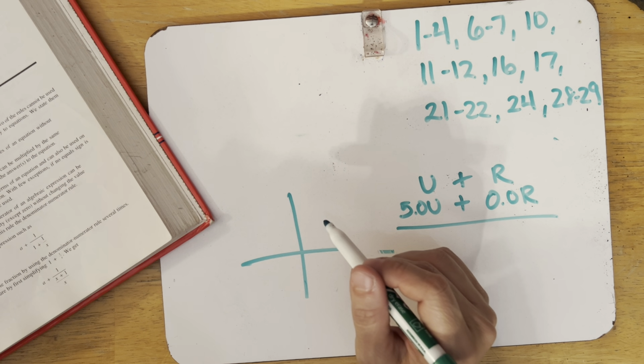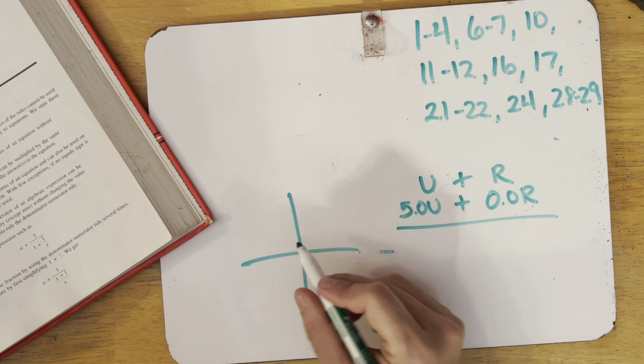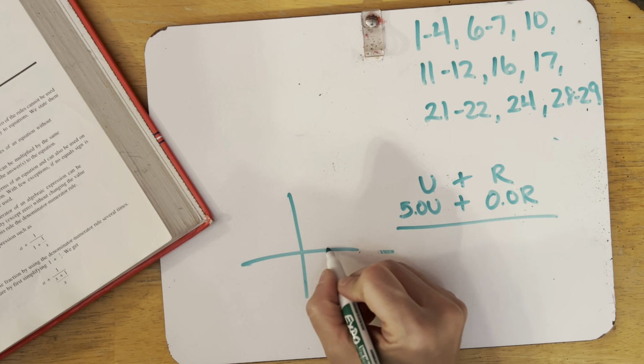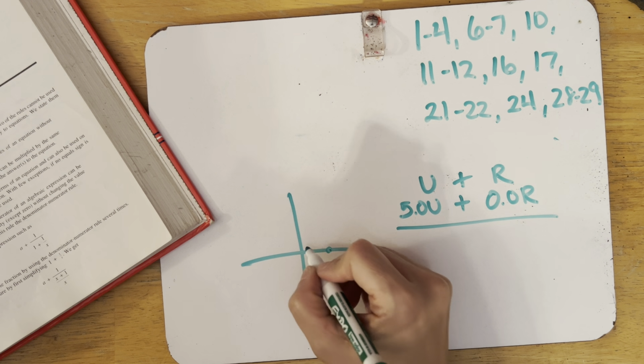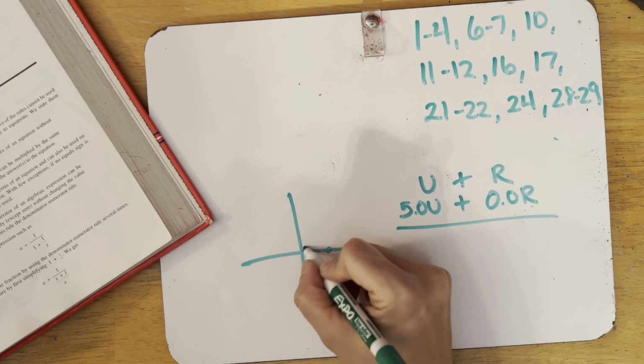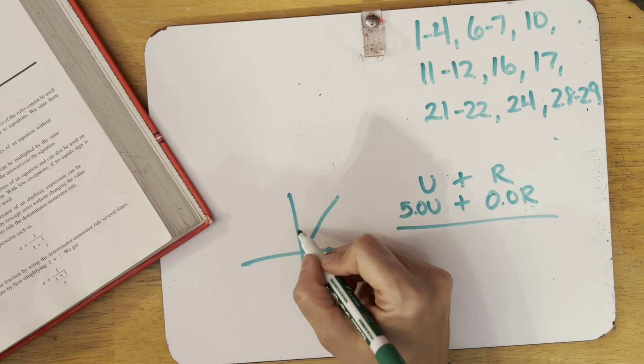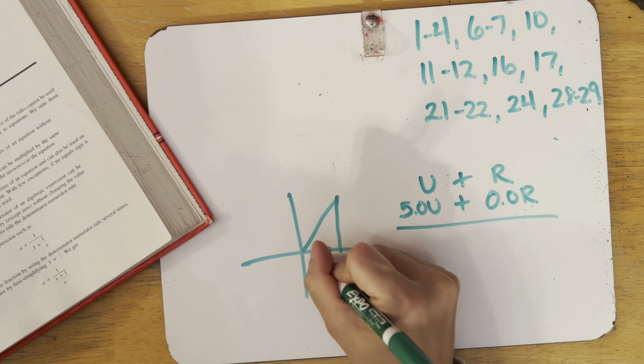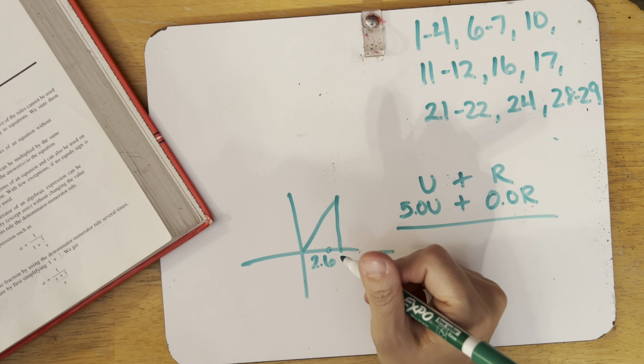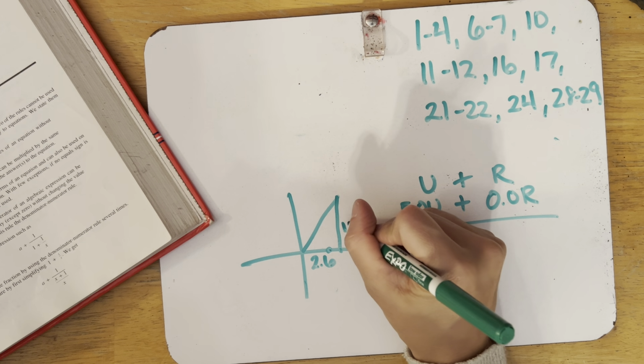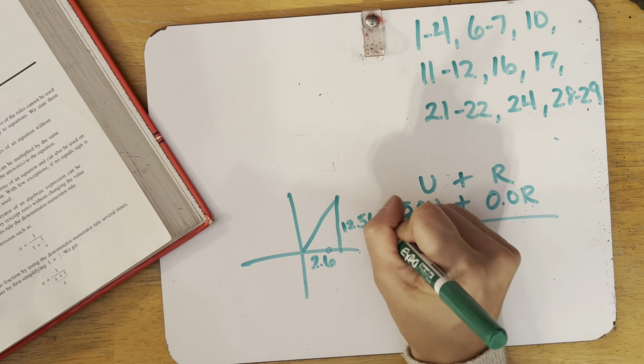You have 2.6r. Okay, so I'm thinking of this as 2.6r, and then 12.56u.